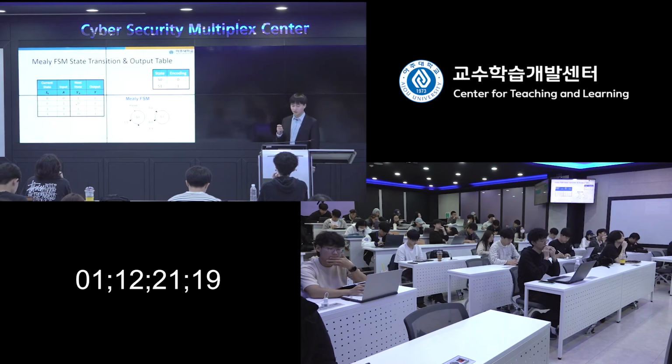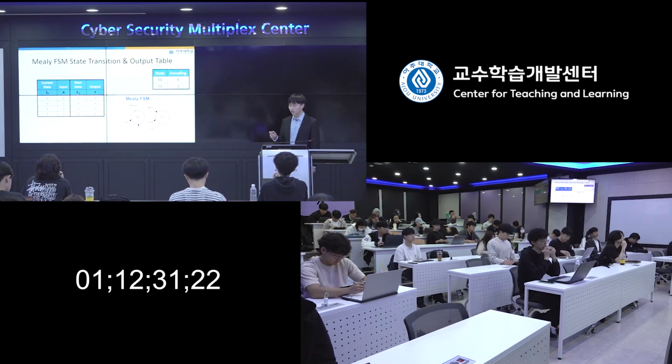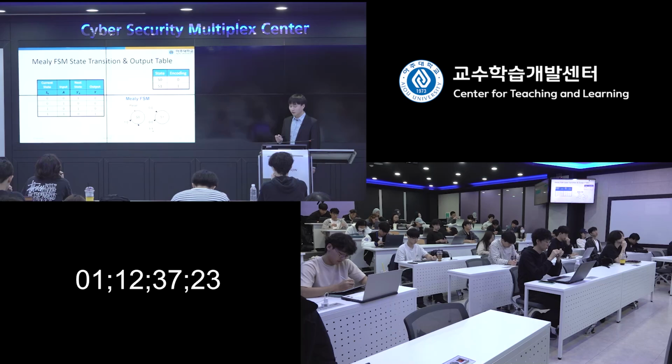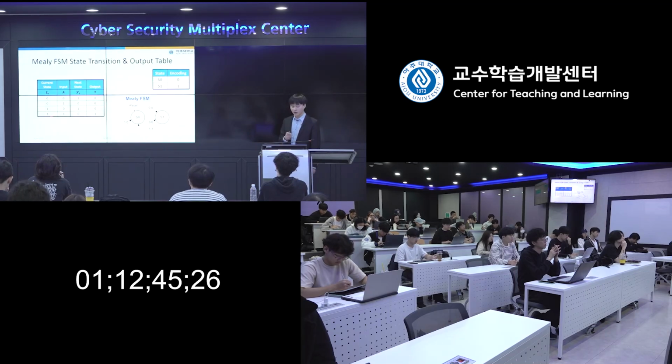If the input is 1, it will come back to itself as 0. If the input is 0, it will go to S1, which is 1. At the same time, the only output we see is located here, from S1 to S0, where the output is 1.